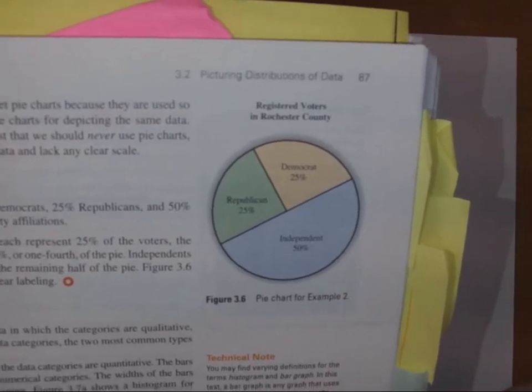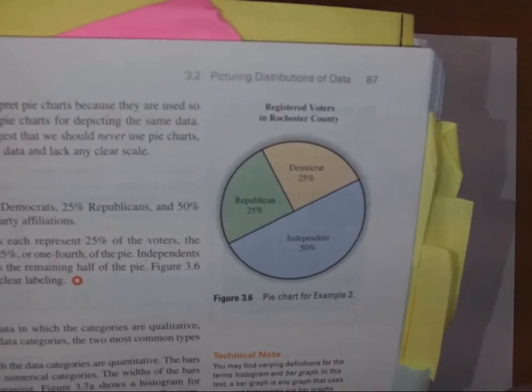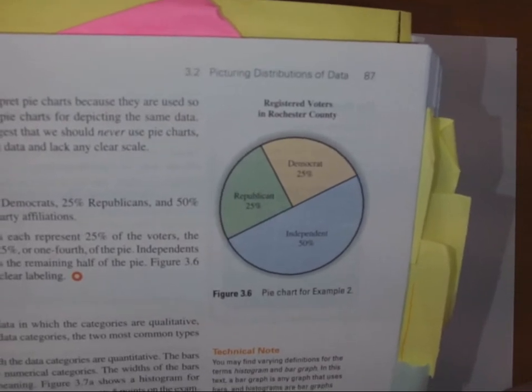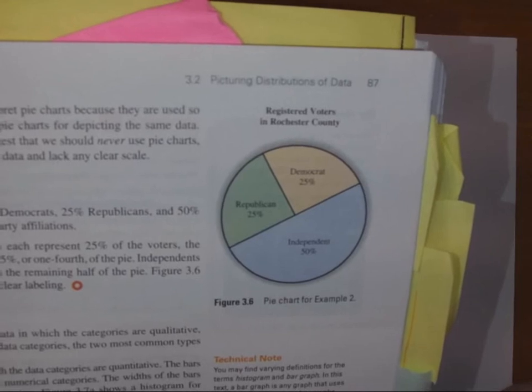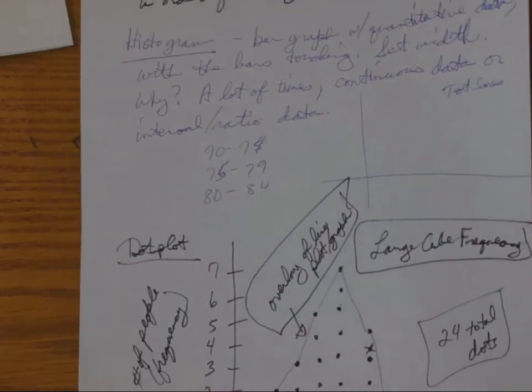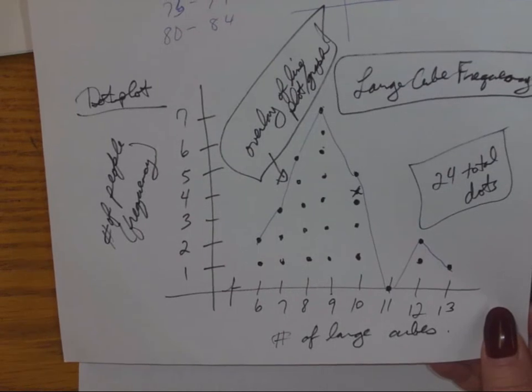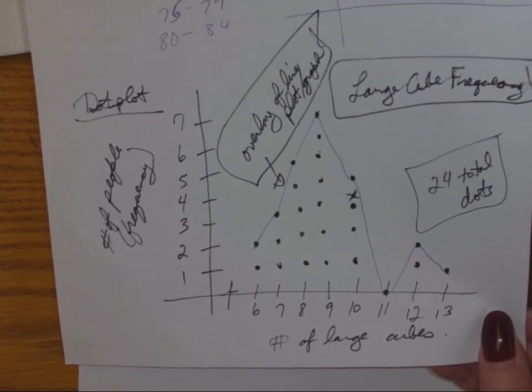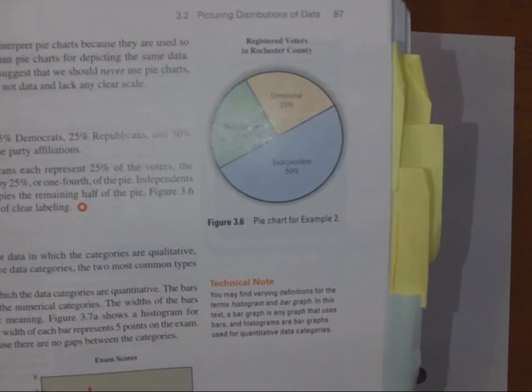The problem with the pie chart, and I'm just going to let you know, is that you need percentages. There's no actual data points on here, no raw data, okay? With everything else we've had, like the dot plot, we can look at it and say, oh, there's 7 people who had a 9. How many people are Democrat?